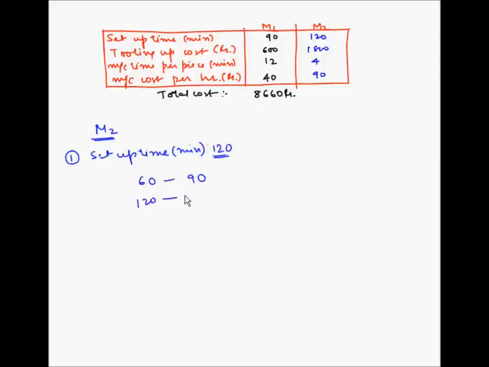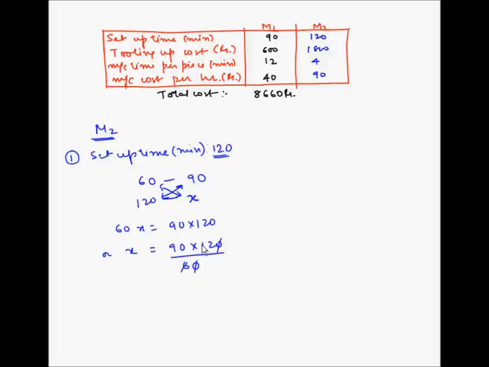So for 120 minutes, how much is the cost? So let's say this is X, cross multiplication. 60X is equal to 90 multiplied by 120, or X is equal to 90 multiplied by 120 divided by 60.